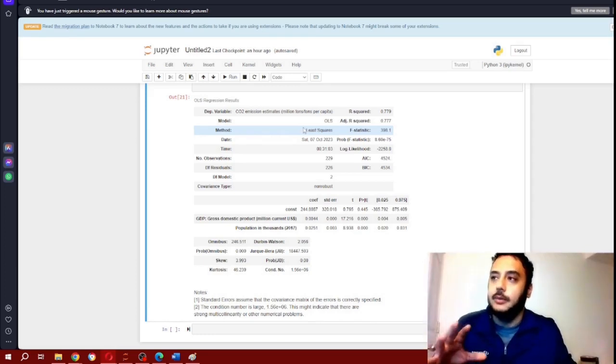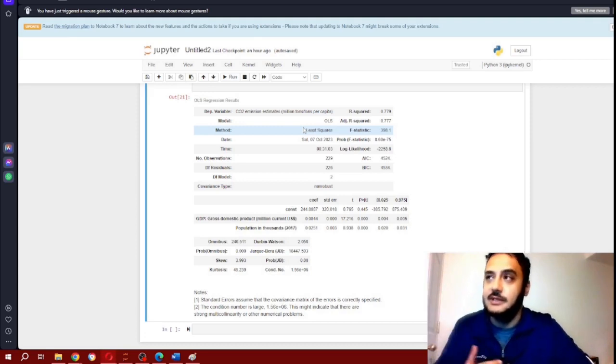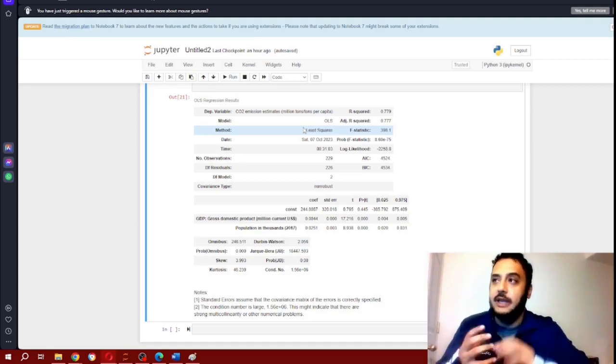If you were to perform a simple linear regression or multiple linear regression on a piece of paper, then you would become familiarized with sum of squares, sum of differences between variables or within the groups.